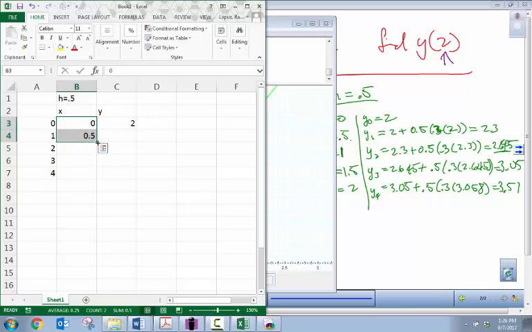So I think I can just scroll that down. For our next step over here, we're going to take our previous y value, and then add the step size multiplied by the function, 0.3 times y, the previous y value.